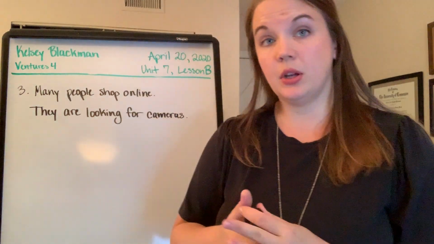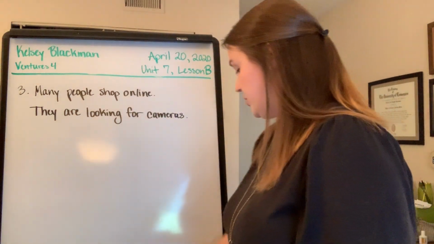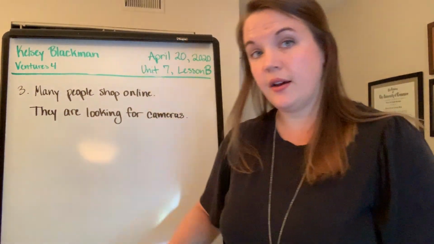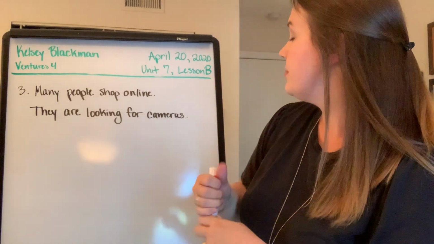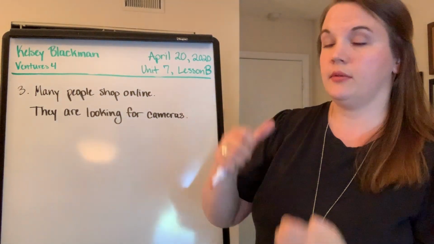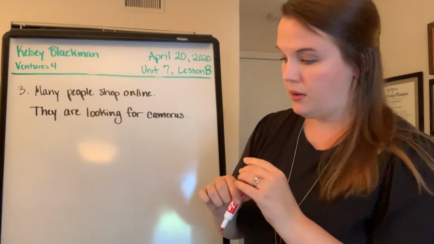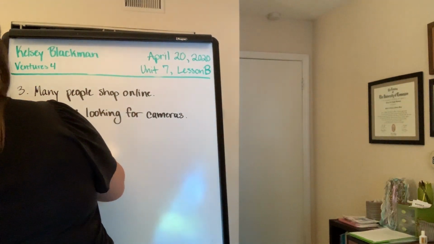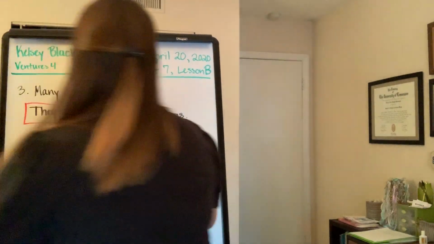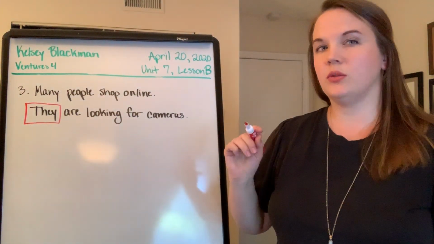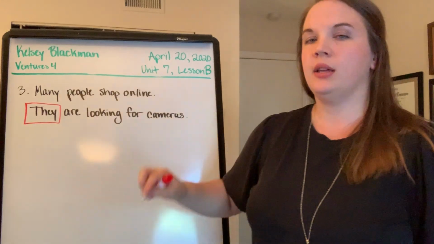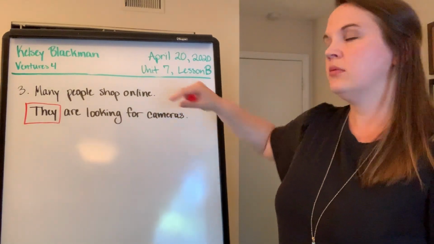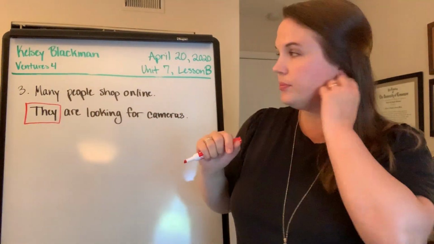Okay, so the first thing we do, circle the subject of the second sentence. So what is the subject? They. And what does they refer to in the first sentence?